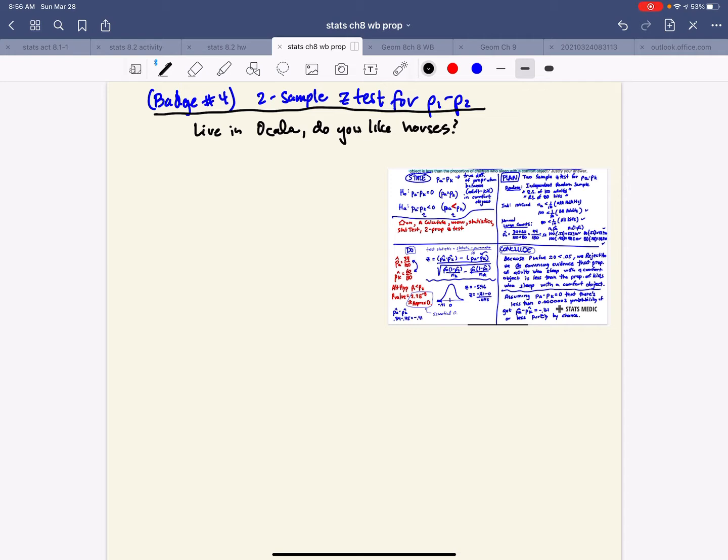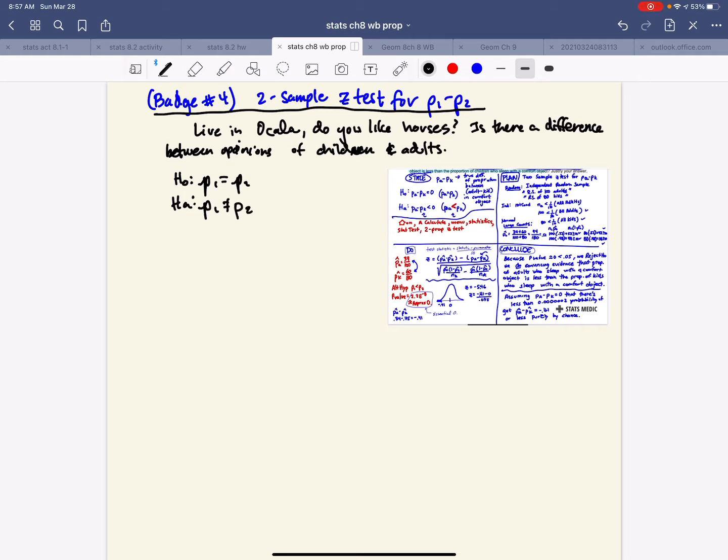In fact, if all the fact scenario is asking is, is there a difference between opinions of children and adults, then in your H sub O, we assume that the two proportions are the same, but you have a sneaky suspicion that they're different. So that would look like this.